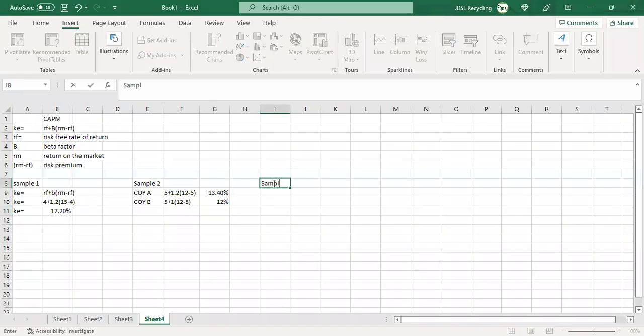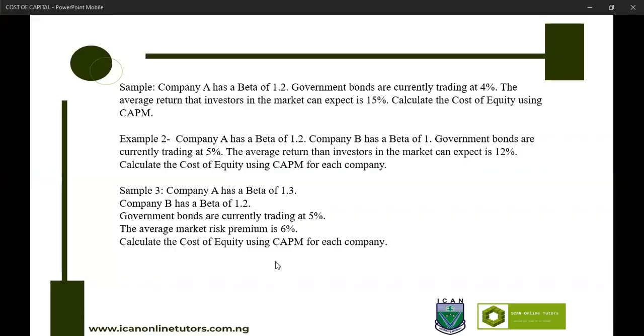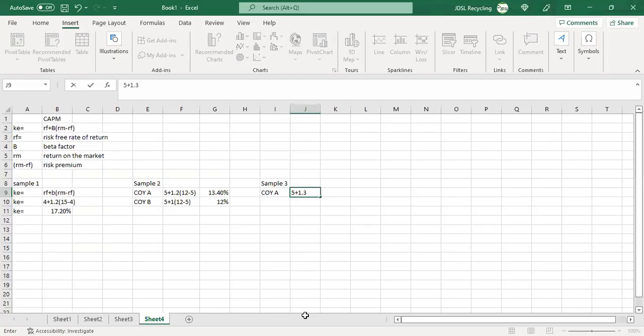Sample 3. Company A: risk-free rate of return is 5%, beta 1.3, and risk premium is 6%.